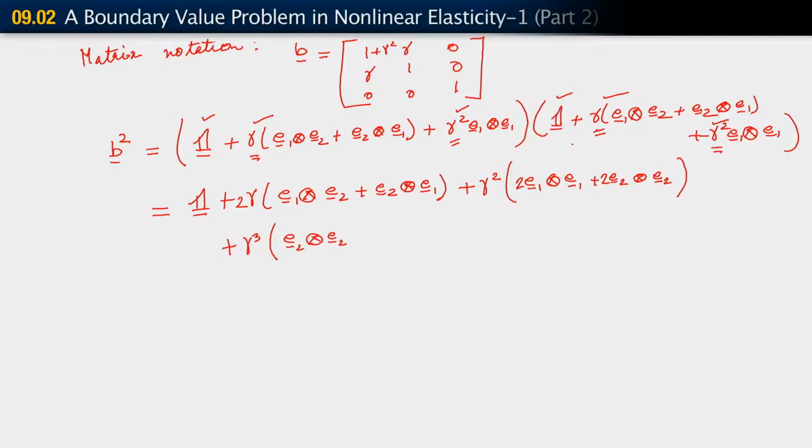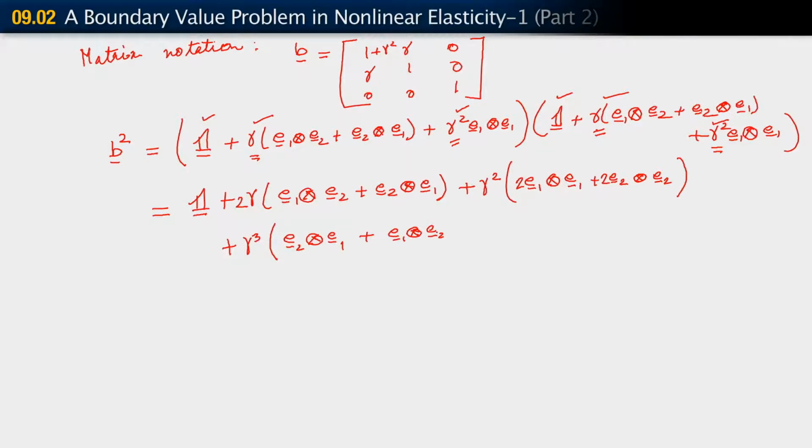And when we compute that term, we get, wait a minute, sorry, this term is E2 tensor E1. And therefore when we compute the other one, we get a term of the form E1 tensor E2.